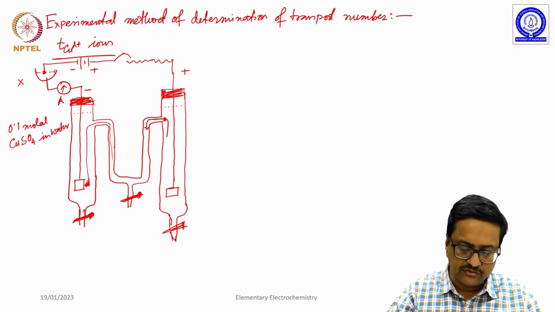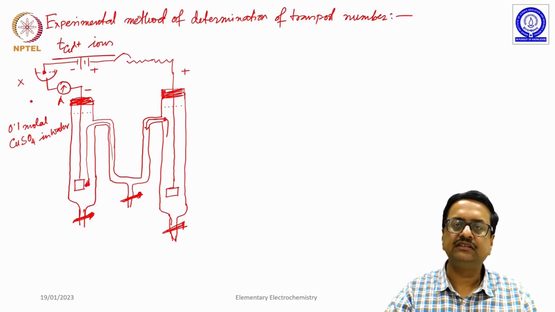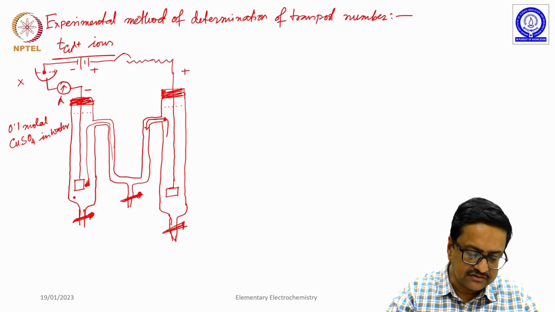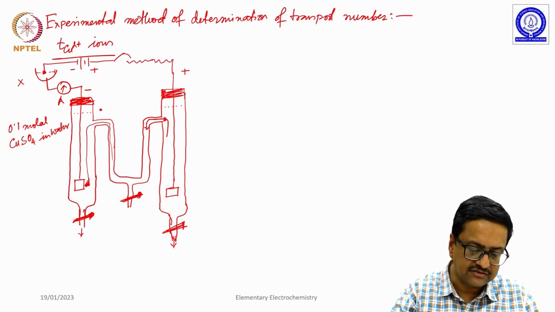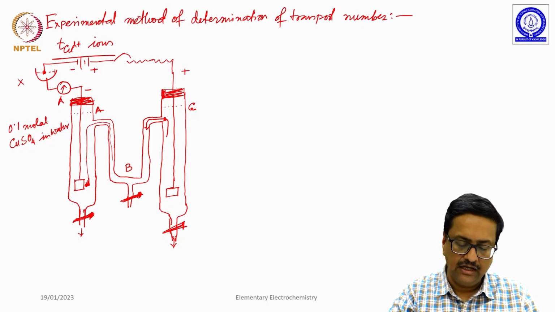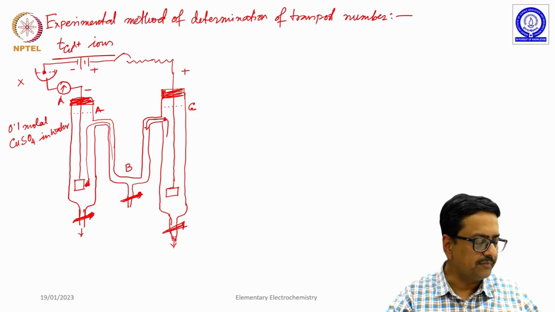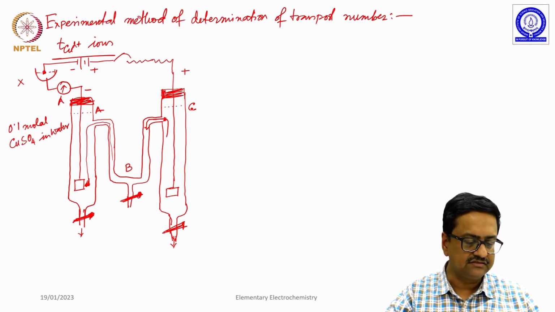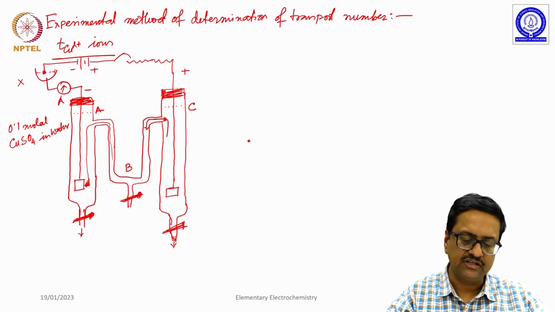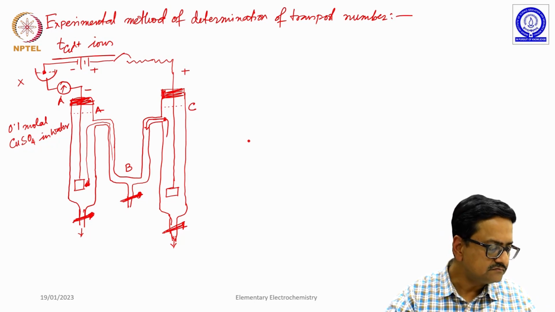What we should be able to do is, after finishing the experiment, drain this solution from the bottom, from the chambers A, B and C, and analyze the concentration of copper present in these 3 chambers, and from that concentration we should be able to determine the transport number of Cu2+.